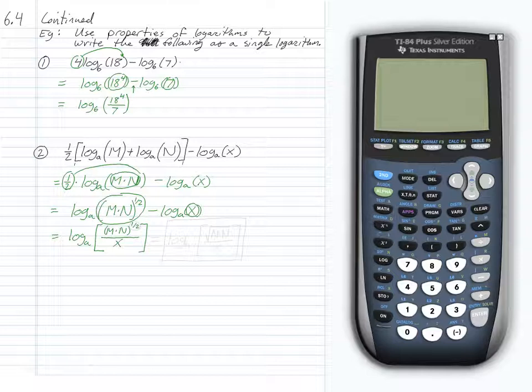That might be a good place to leave this one. Although, we should recall that the 1/2 power is actually the square root. So we could take this one step further and say this is actually log base a of the square root of m times n over x.